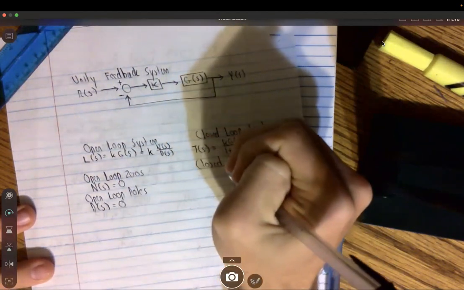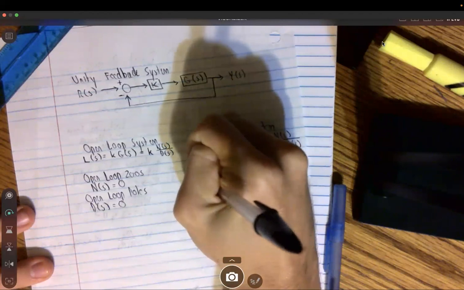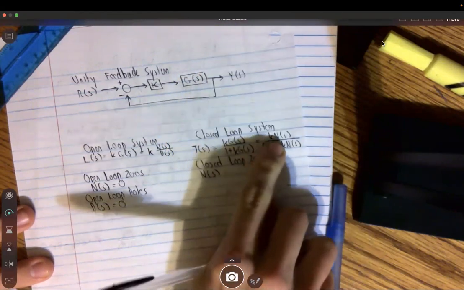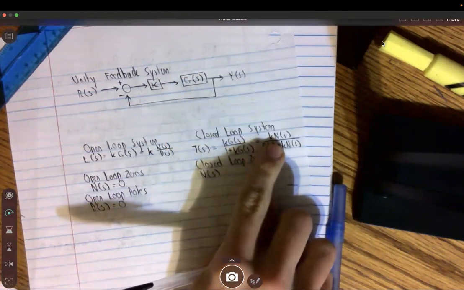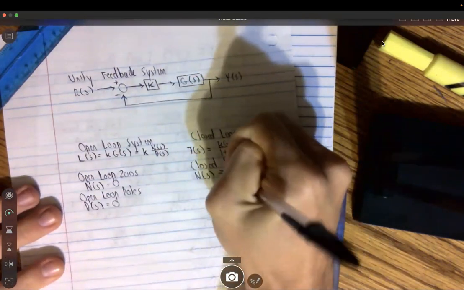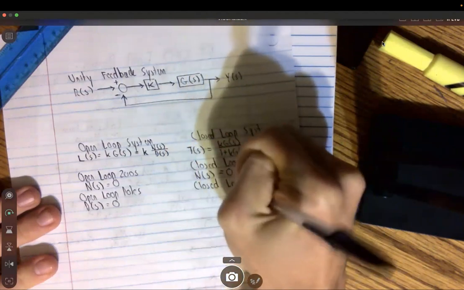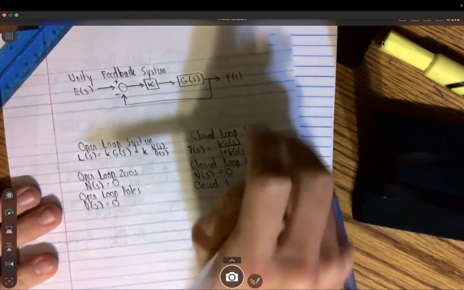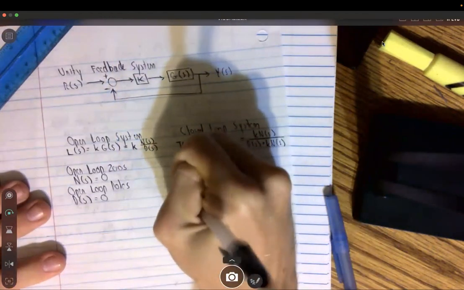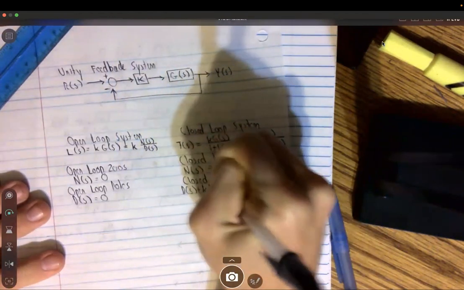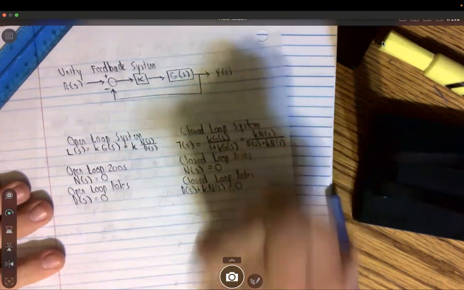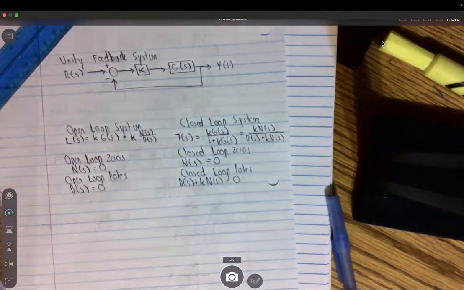So that's going to be when your N of S, because remember, K is just a constant, but your N of S actually has the location of your zeros. So it's just when N of S equals 0. And then your closed loop poles, that's when your denominator here, D of S plus K N of S, is going to equal 0.